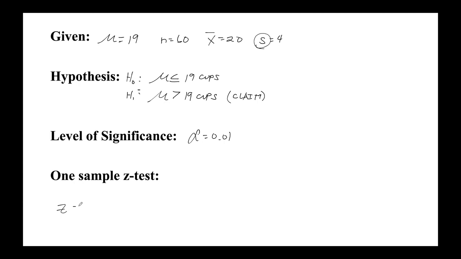So, z equals x bar minus mu all over s, or sample standard deviation, divided by the square root of n. X bar is 20 minus mu, which is 19, over s, which is 4, divided by the square root of 60. So, directly compute this in your calculator. It will give you a value of 1.94.